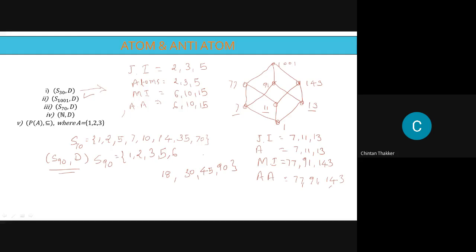So divide by 6, you have 15, then you can divide by 9, so 10. Okay, so these are the elements. Now draw the Hasse diagram of S90.